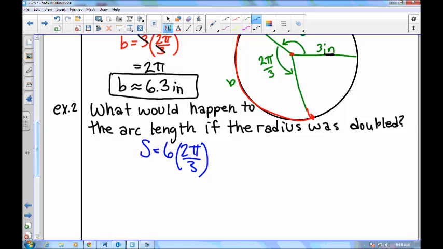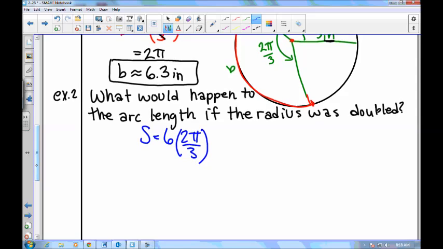No, I think you're doing a little more work than you need. I do see some simplification. Cassie, with 6 on top and 3 in the denominator, what can we divide into both 6 and 3? 3, yeah.